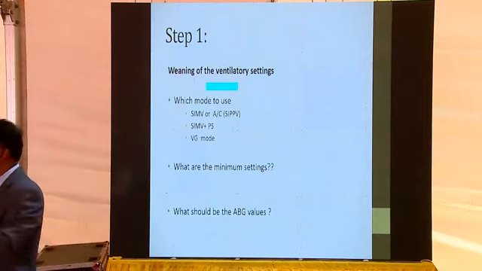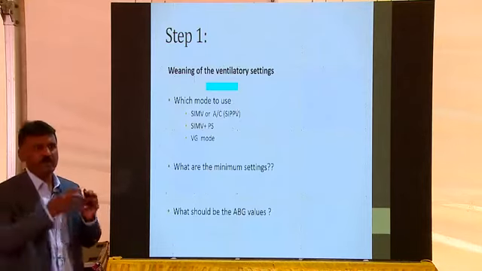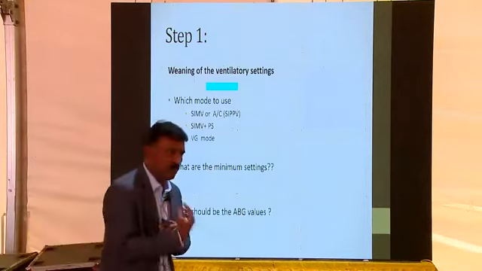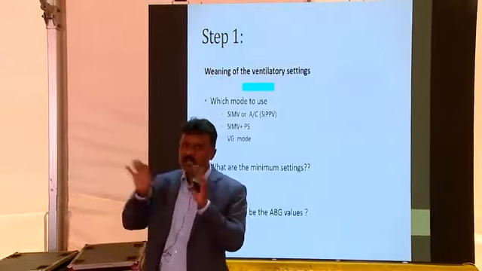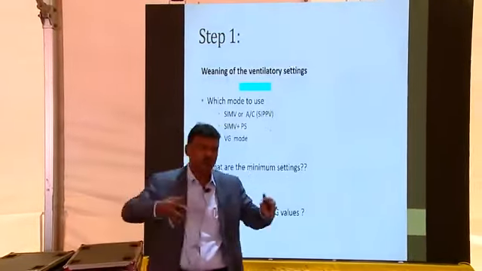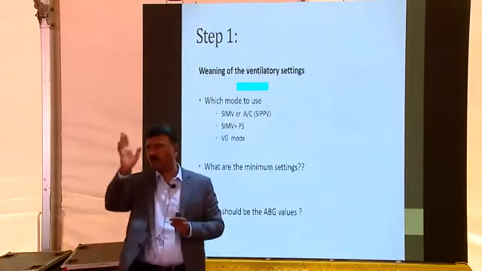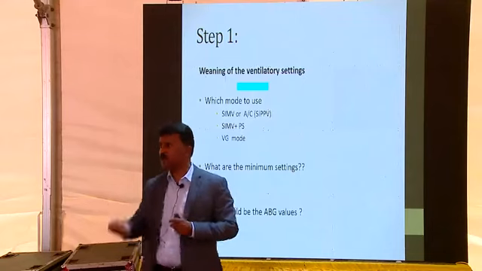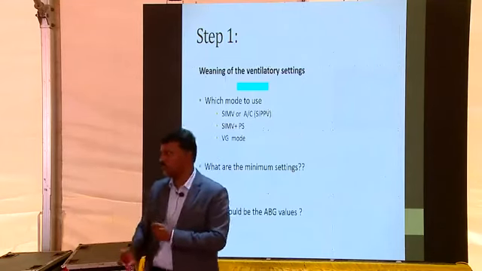The target is to get the baby out of the sickness, get the baby out of the ventilator, and this will only happen if you start accepting slightly abnormal values. If it is 35 to 40, no, I'm coming down on the pressures.